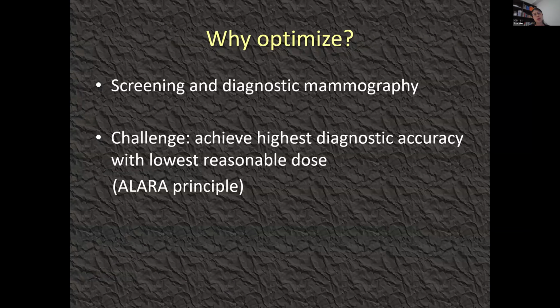Women will undergo mammogram examinations repeatedly throughout their lifetimes, and the breast is a radiosensitive organ, and it is at risk of developing radiation-induced breast cancer from radiation exposure. So that is a small risk. Therefore, as breast imagers, we need to be able to achieve the highest diagnostic accuracy with the lowest reasonable dose by employing the ALARA principle.